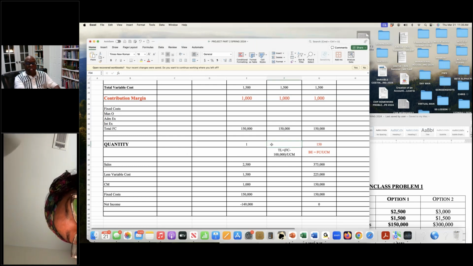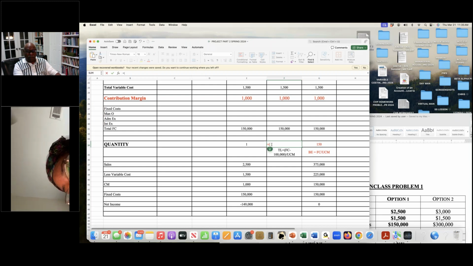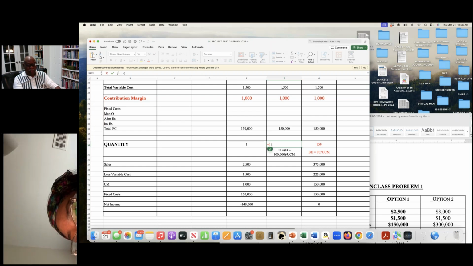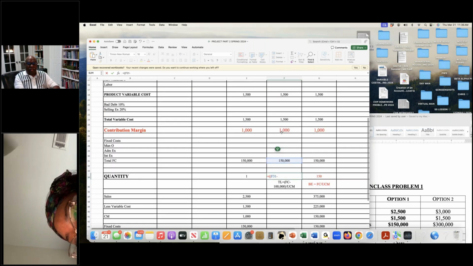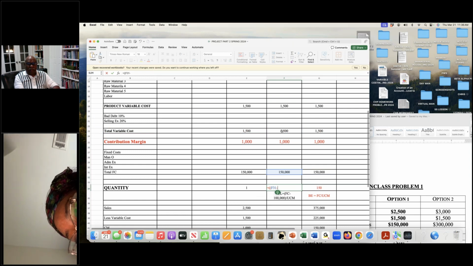Can we put an equation in here for it? Let's put an equal, put a parenthesis in here. Then I'm going to put a double parenthesis just in case. I'm going to take the 150 minus 100,000 out of here.